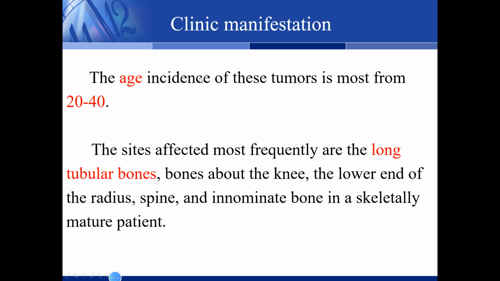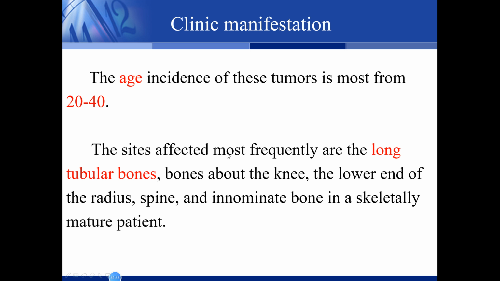The clinical manifestation: the age of incidence of these tumors is mostly from 20 to 40. This is important, the age. The bones affected most frequently are the long tubular bones.